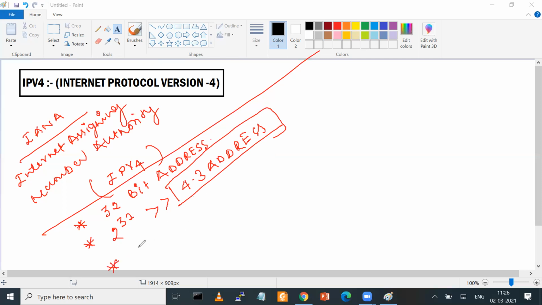IPv4 सपोर्ट्स डेसिमल नंबर सिस्टम. Decimal number system which is 0 to 9.